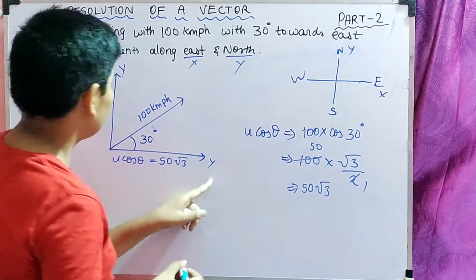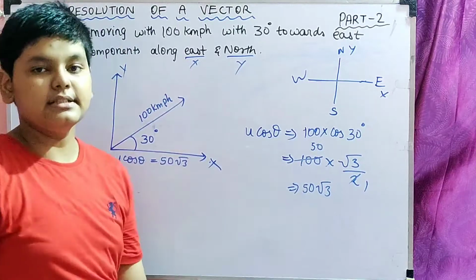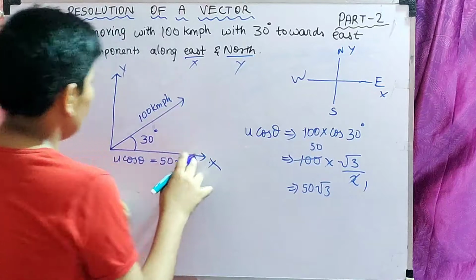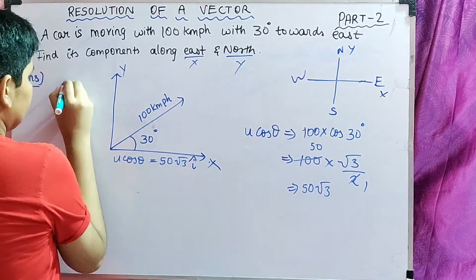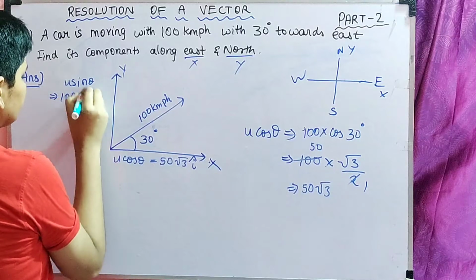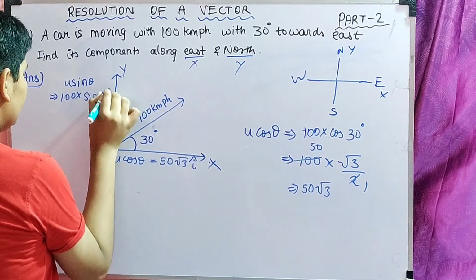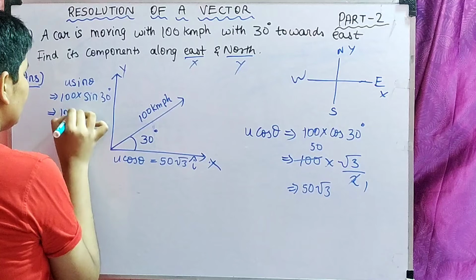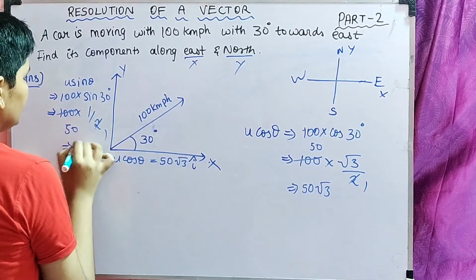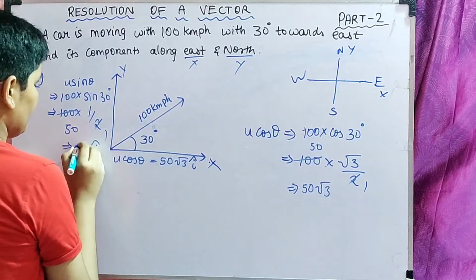I have said that if it is along the x-axis, it is called i cap. So here we take i cap. Now over here we have u sin theta. So u is again 100 into sin 30 degrees, which is 100 into 1 by 2, so you get 50 j cap.